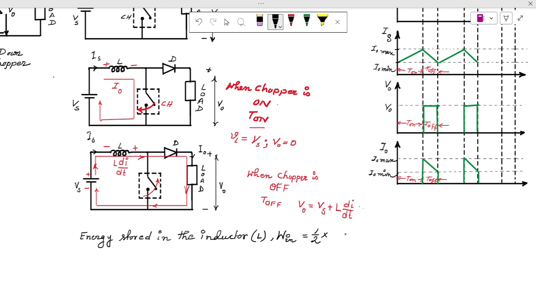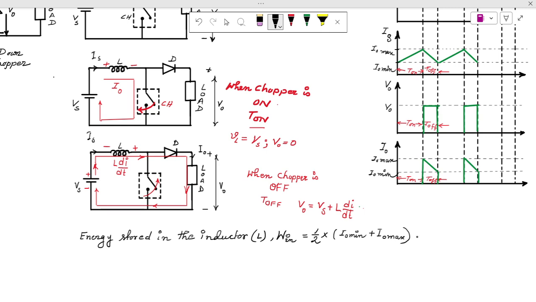Total current means the value of I0 min plus I0 max.